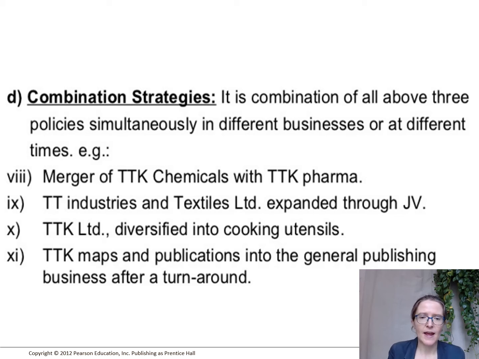Some examples here are a merger of TTK Chemicals with TTK Pharma, or TT Industries and Textiles Limited expanding through a joint venture, or TTK Limited diversifying into different areas such as cooking utensils, or TTK Maps and Publications then broadening into the general publishing business after a turnaround. So combination is really very much about different ways of doing things in different businesses or at different times.